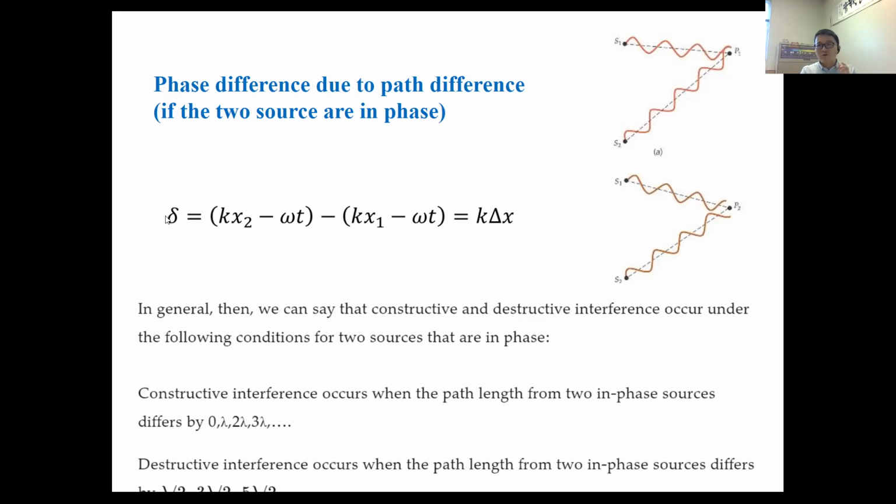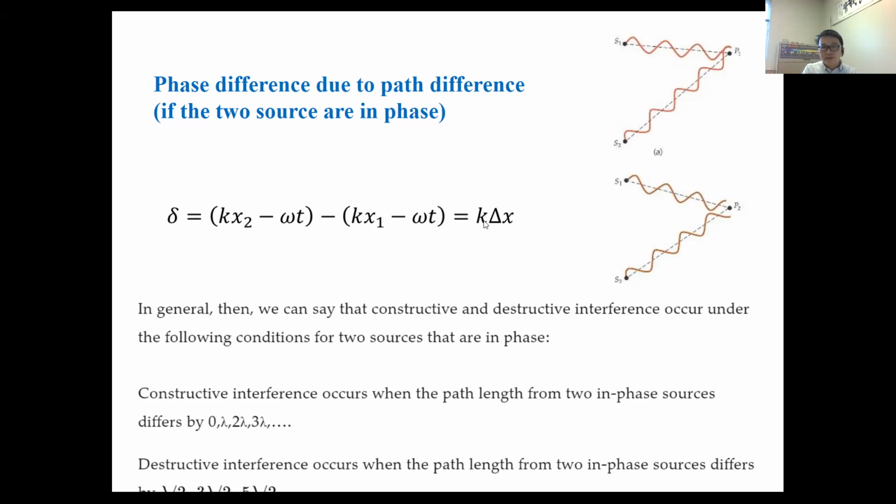If you have no initial phase difference but you have a path difference, the result is similar to that. The same thing applies here: if the omegas differ by a little bit, the result is similar to just having a phase difference, because of the difference in the argument of the sine.